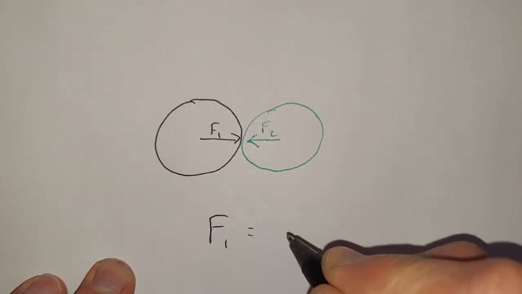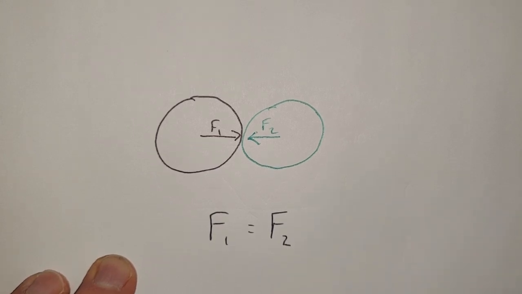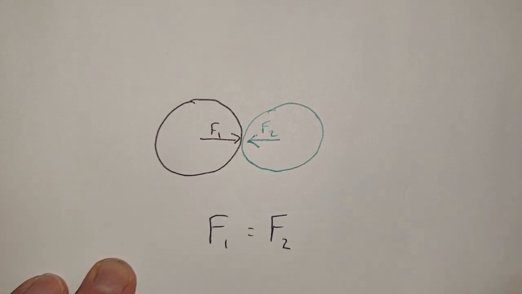So F1 will equal F2 in magnitude, just opposite in direction.